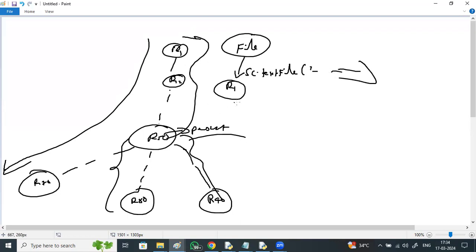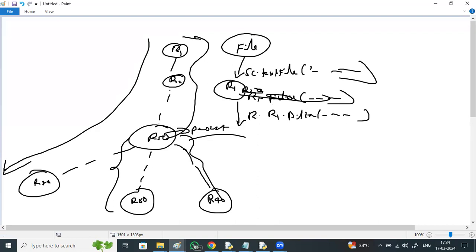On R1, you apply some filter operation, giving some condition. The output, R2 equal to R1.filter based on some condition, R2 is created.